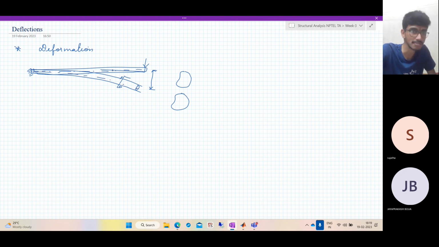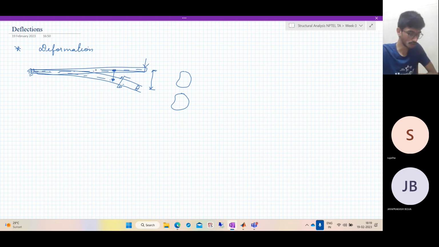If you take a point on the center line before deformation, it would have shifted laterally by some distance. This is what we call deflection. So when a very slender member undergoes deformation, the points on the center line displace laterally. That displacement, we call deflection.